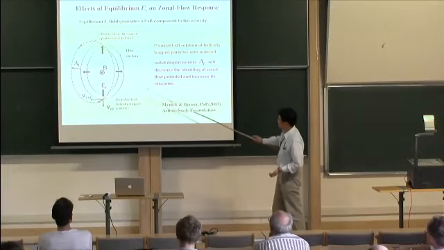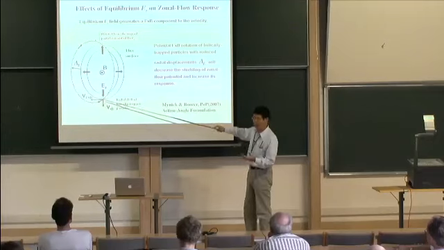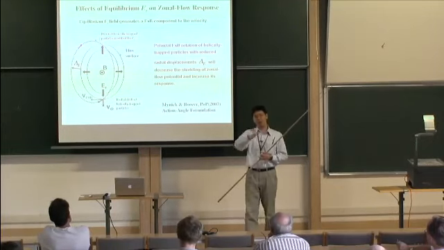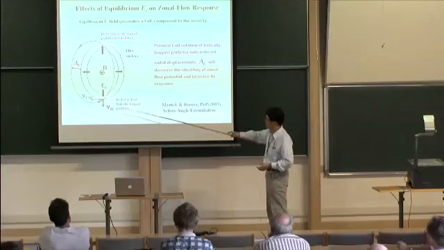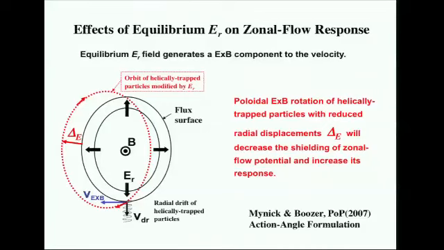So if we have no radial field, the bounce average drift of helical trapped particles gives the notorious 1/nu neoclassical electron transport. But if we increase the radial field, this kind of rotation is superimposed and reduces neoclassical transport significantly.